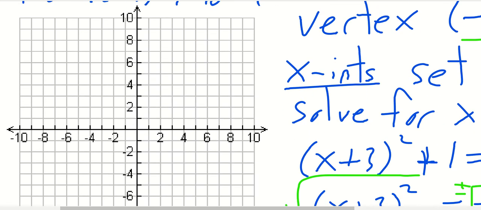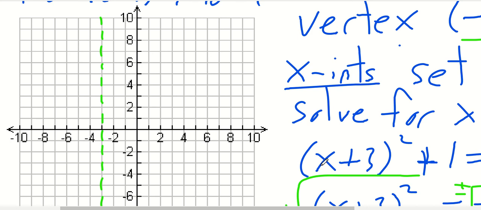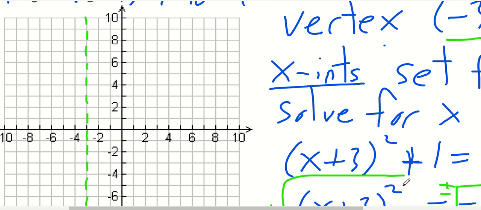We have x equals -3, which would be this vertical line right here. Next thing we're going to do is plot any points we have. We have 2 in this case. We have -3, 1, which would be right here. And we also have a y-intercept of 0, 10.